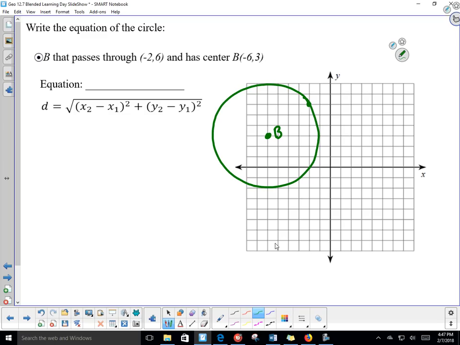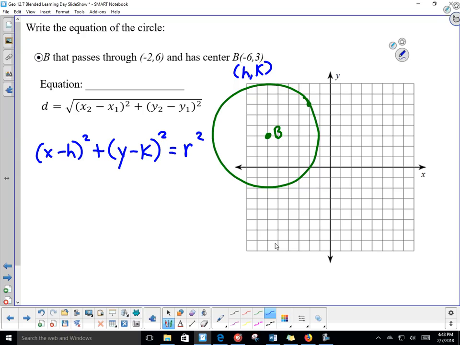Well, we already know the center, and that means that this -6 is going to be our h, and the 3 is going to be our k, because the center of the circle gives us our h and our k. So we know the formula is x minus h quantity squared plus y minus k quantity squared equaling r squared.